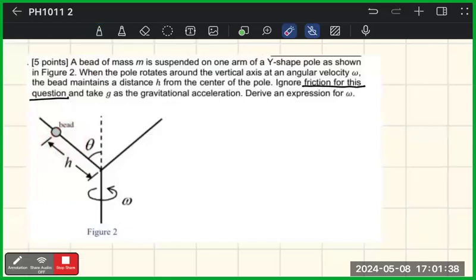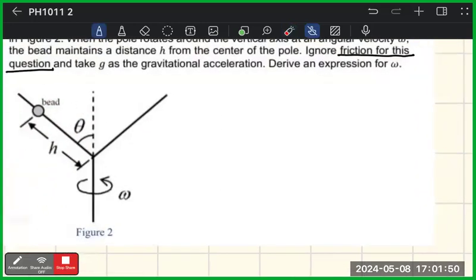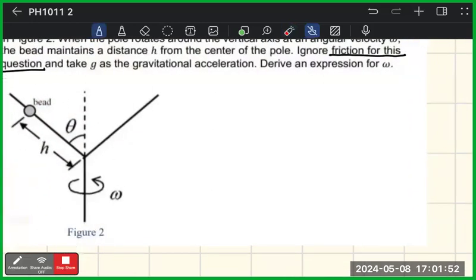But because they ignore the friction, the only force present is in the perpendicular direction of the friction itself.